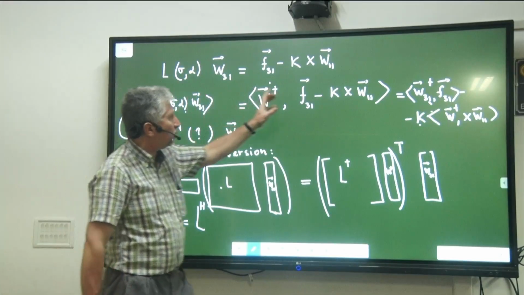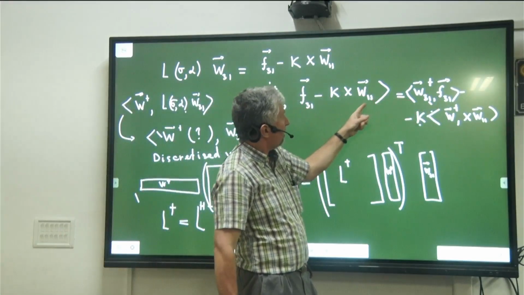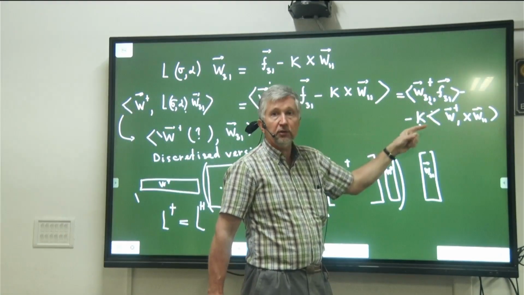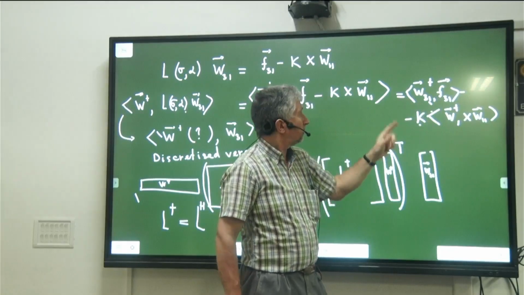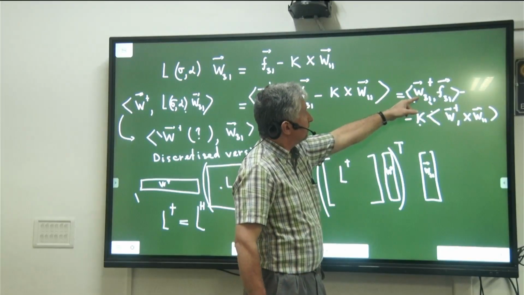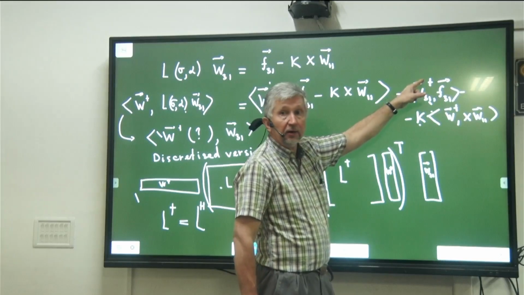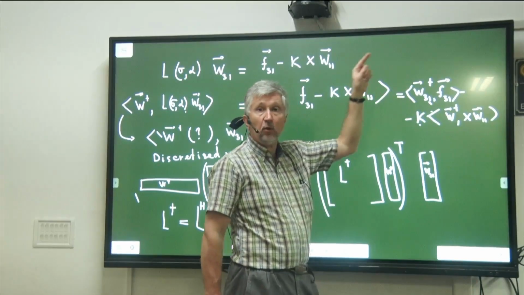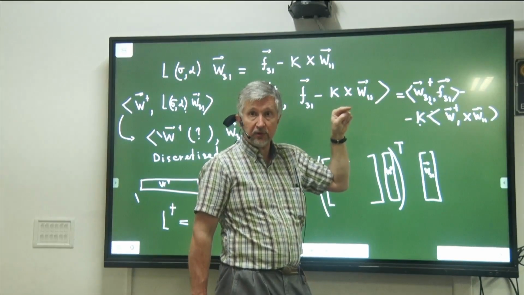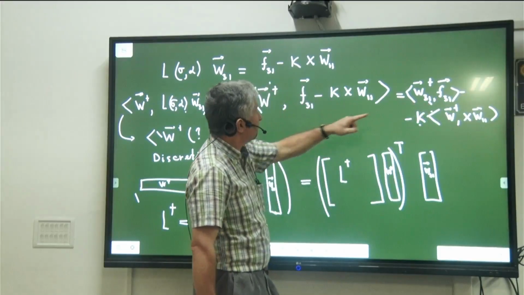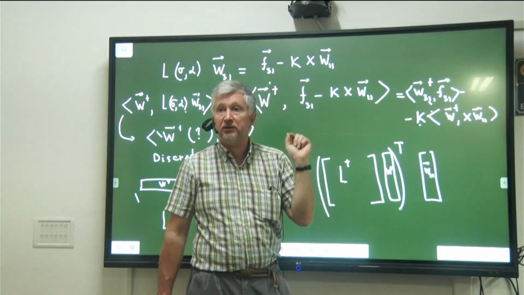So all I worry about is this. So therefore, I have 0 is equal to these two products. The first one is W31 dagger, and that is 1 and 1. Right? Remember, that's what that is. Multiplied by F31. What is F31? What did we choose?